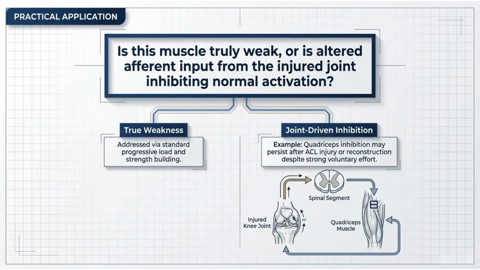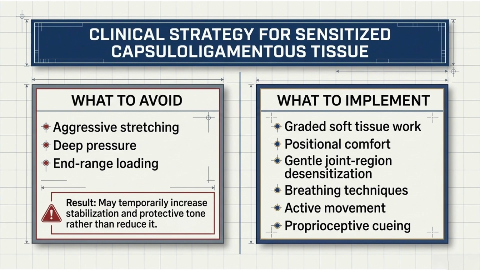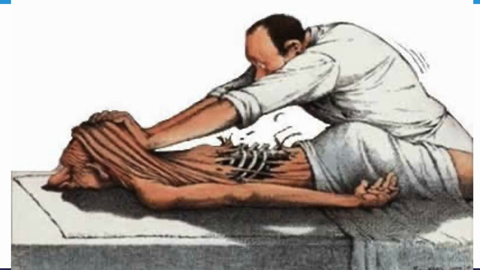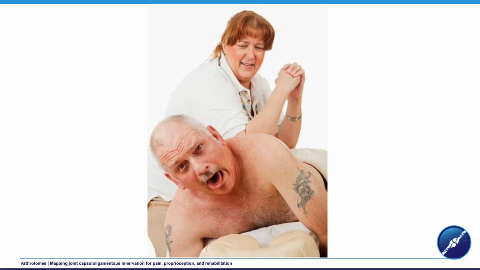contribute to persistent inhibition. For massage therapists, this framework may also encourage a more cautious interpretation of the protective muscle tone. When joint or ligamentous tissues are sensitized, aggressive stretching, deep pressure, or end-range loading may not always produce the intended response. In some cases, this may temporarily increase protective or stabilizing muscle tone.